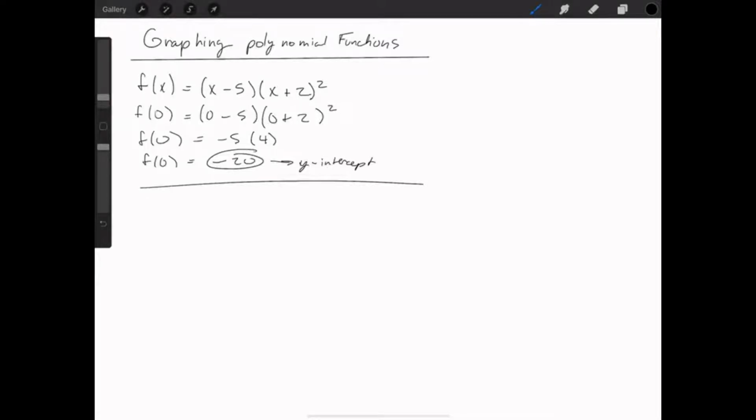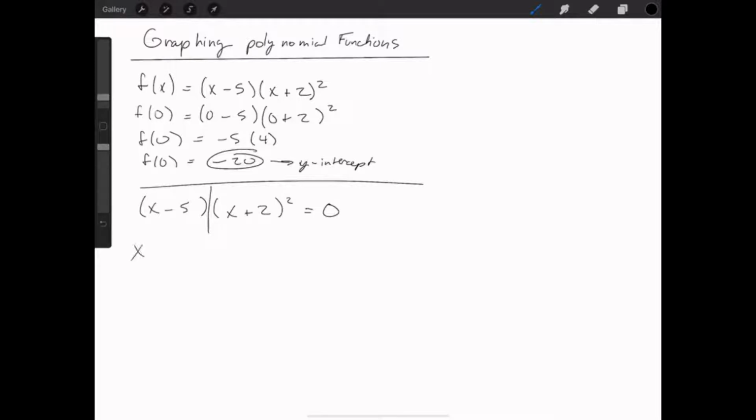Next, we'll be looking for the x-intercepts, where f of x will equal 0. So this will look like x minus 5 times x plus 2 squared equals 0. And then we use the zero product property, in which we split these two parentheses and make each equal 0.